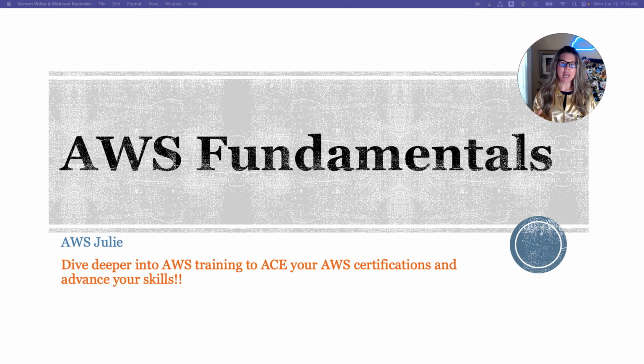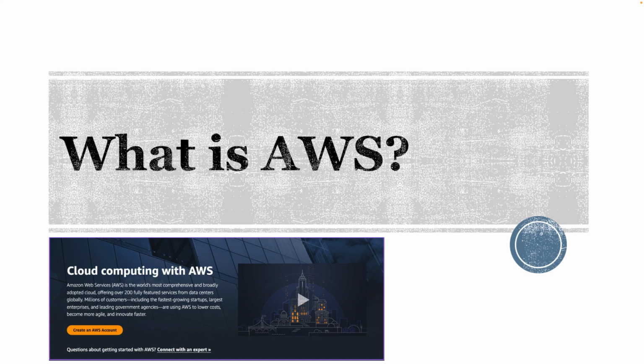Let's get started and let's dive into what is AWS. So for your certification exam, ensure you know what AWS is. Can you define AWS? Well, AWS says that Amazon Web Services is the world's most comprehensive and broadly adopted cloud offering over 200 fully featured services from data centers globally.